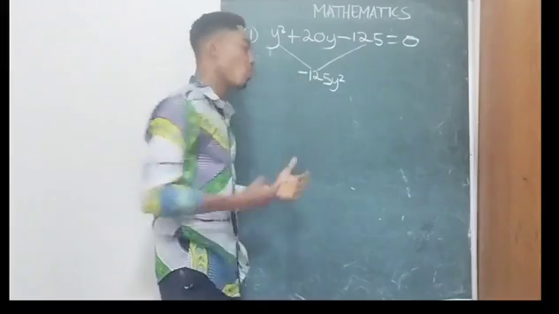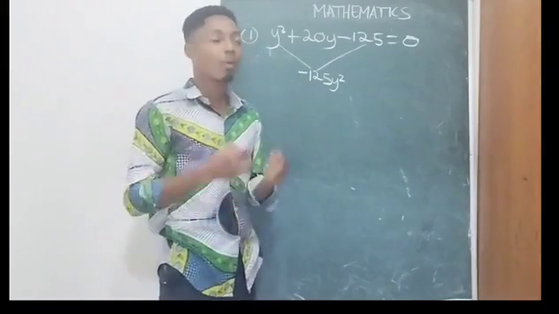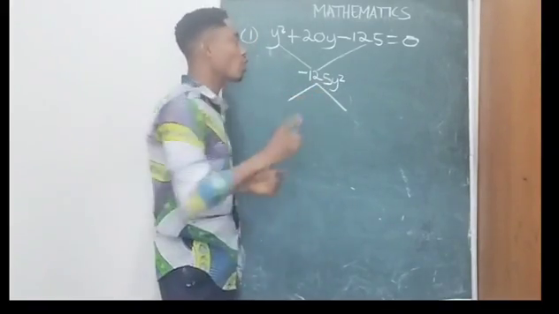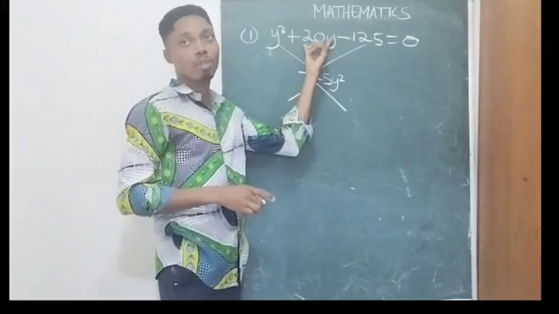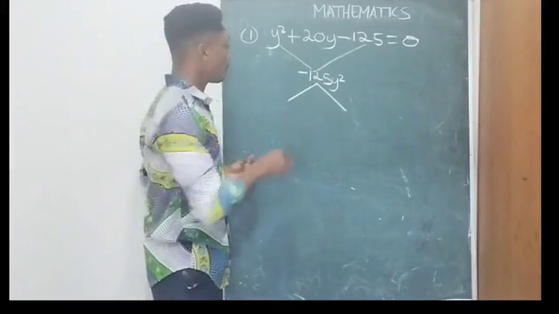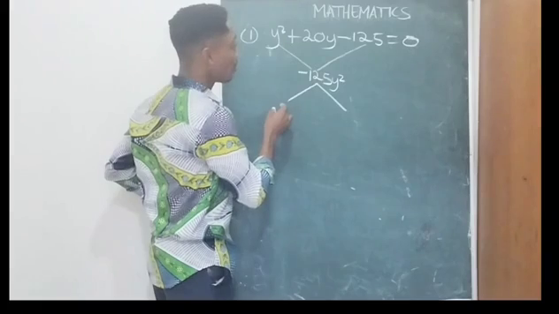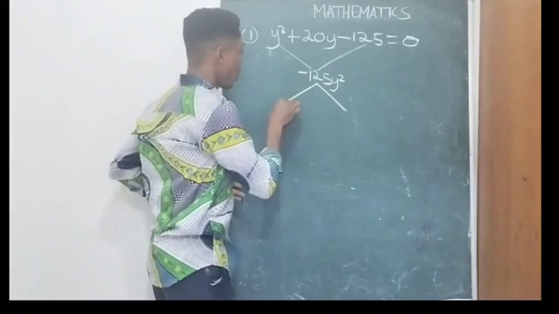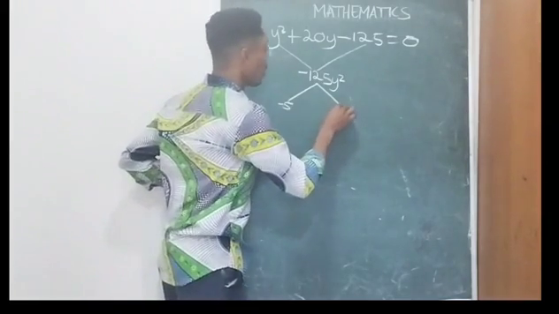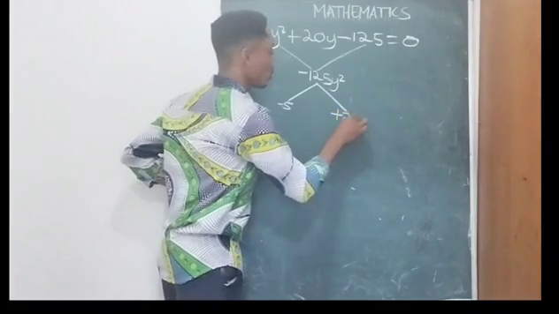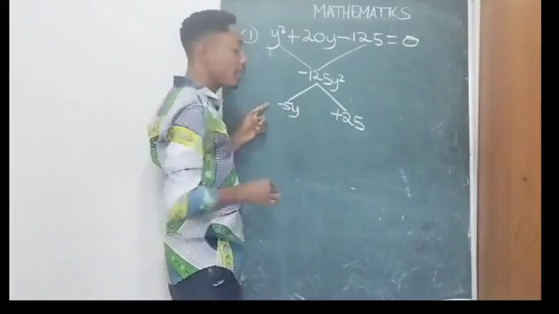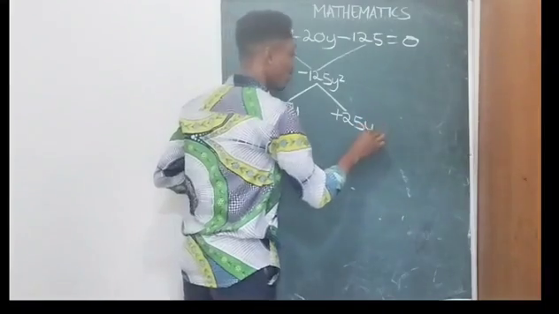There are many factors of minus 125y squared, but the factors such that when you add, it's going to give you plus 20y, are minus 5y and plus 25y.